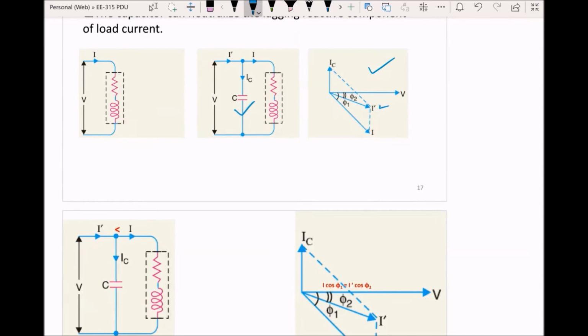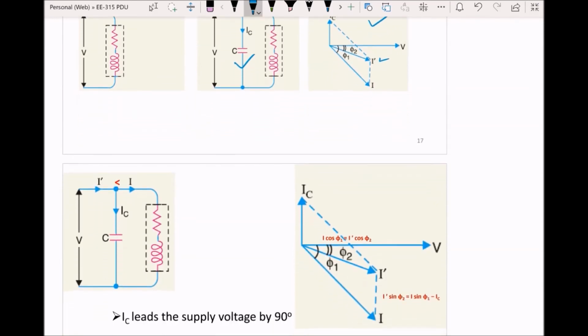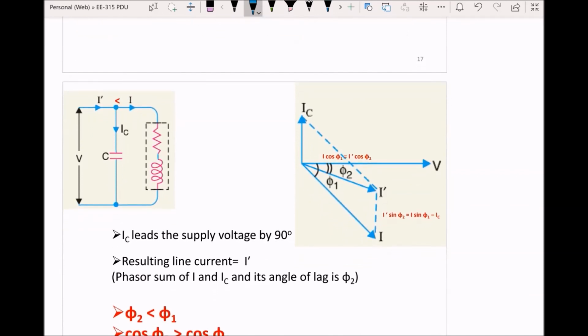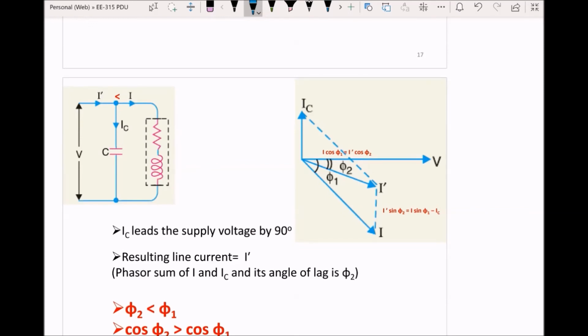So if we look more closely into the figure and try to illustrate the mechanism of how the power factor is improved with the help of a capacitor, we can see that the RL load draws current I, and makes a phase angle phi 1.